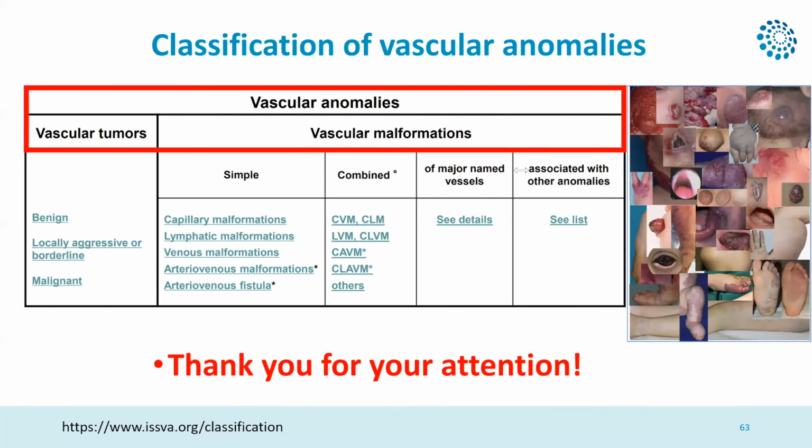The next question is, is it obligatory to get blood work done, concerning possible transient thrombocytopenia or others, for every vascular anomaly, no matter what? Paolo, would you like to go?